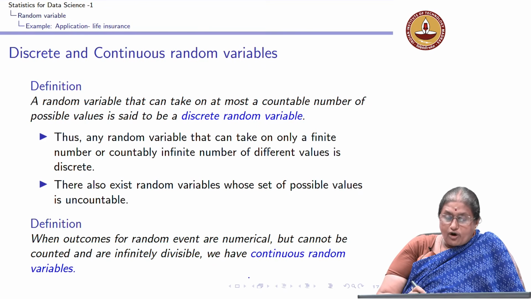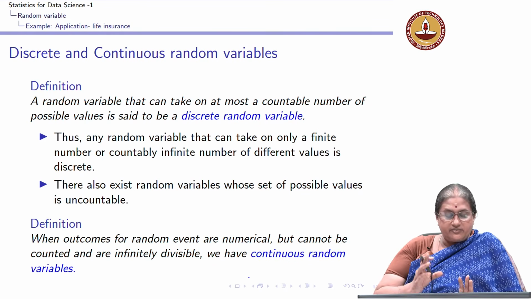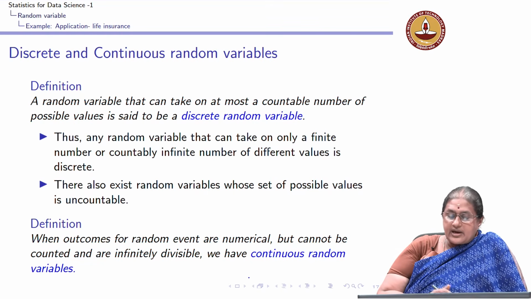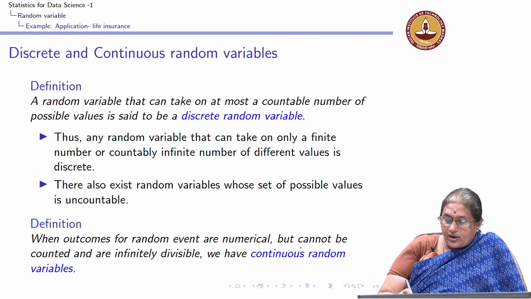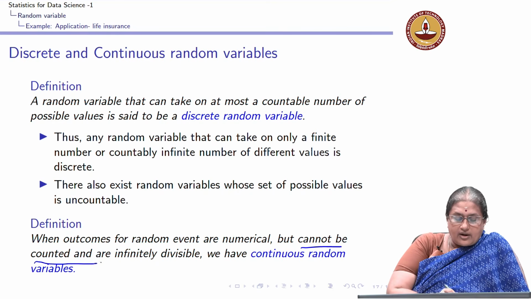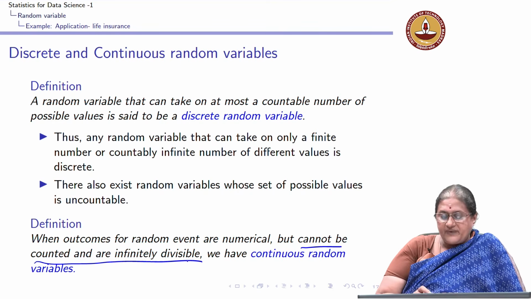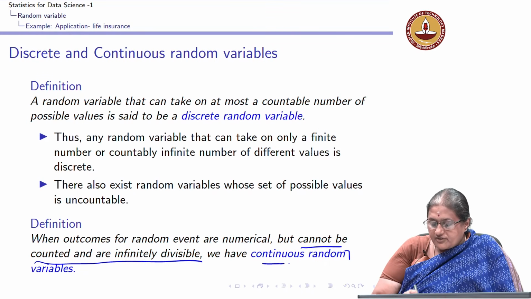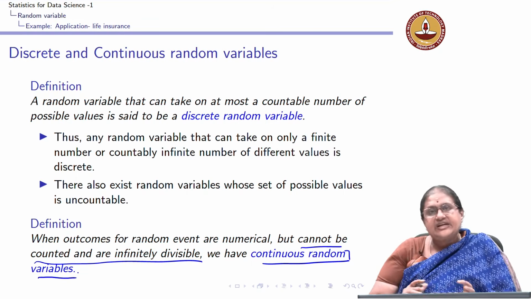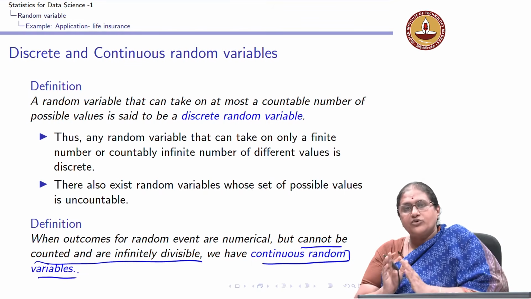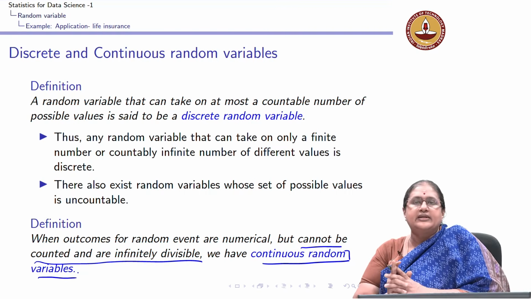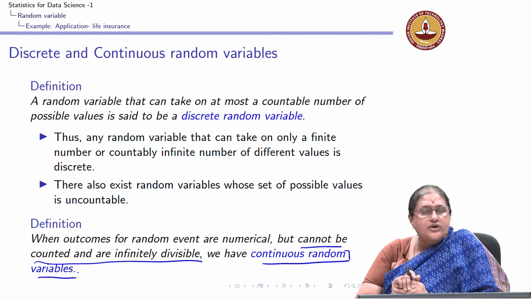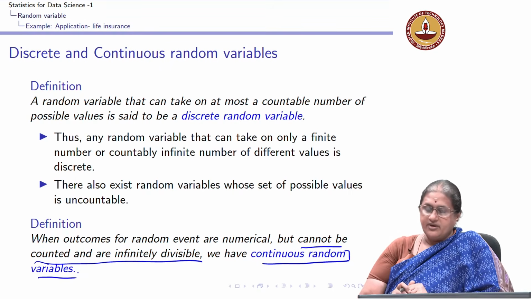Now, I am not going to formally define a continuous random variable, but when the outcomes of a random variable are numerical but cannot be counted on and are infinitely divisible, we have continuous random variables. The formal definition of a continuous random variable is slightly more involved. I will come to it when we specifically look at the continuous random variable case, but for now we are going to focus on discrete random variables.